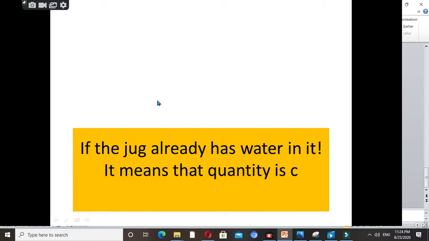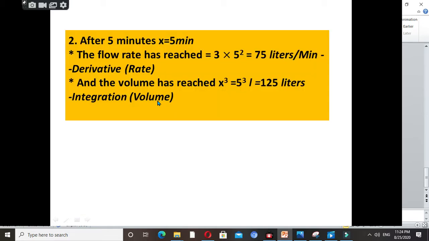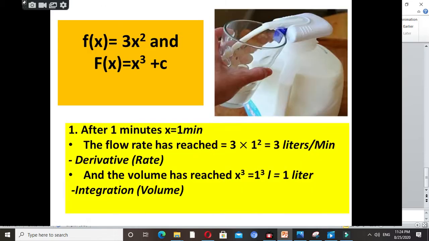Now, if the jug already has water in it, it means that quantity is c. At first, we considered that c is 0 in this animation video and we did the calculation. That is why, if you go back there, our c is considered 0.